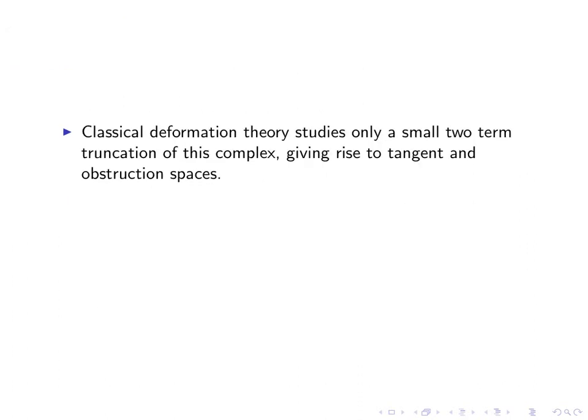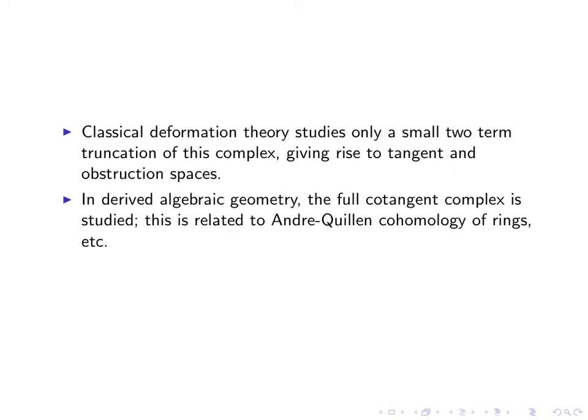Well, classical deformation theory studies only a small two-term truncation of this complex, giving rise to the tangent and obstruction spaces, also the Kähler differentials and the Ext functors. In derived algebraic geometry, the full cotangent complex is studied, and this is related to André-Quillen cohomology of rings and so on. And this will come up later in the talk, actually.